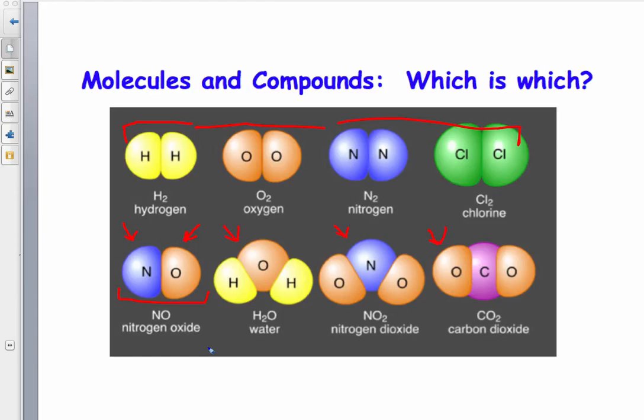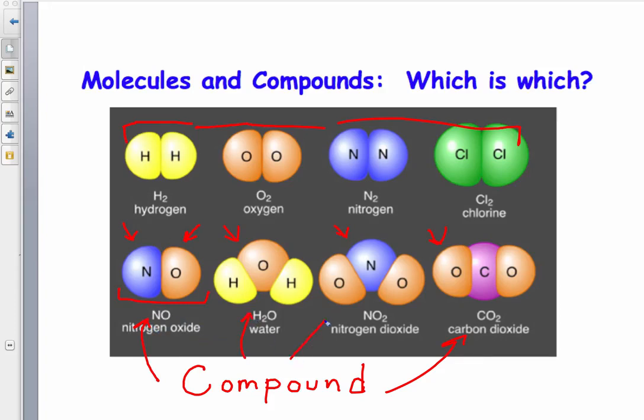So if we were going to label this, we would have to say these molecules across the bottom are molecules that make up what? That's right, compounds. So these are all molecules that would make up compounds.